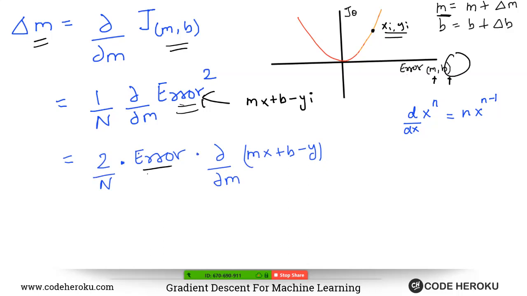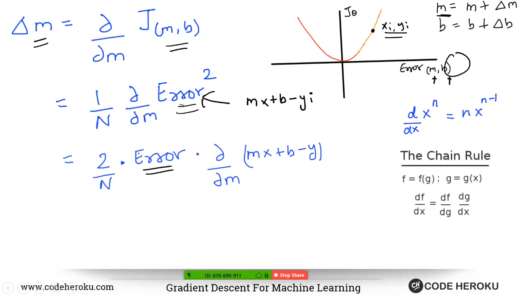But what chain rule tells us is that if a function f is dependent on g, and in turn g is dependent on x, and if you want to take d by dx of f, that is what we are doing, right? So in our case, the error is dependent on mx plus b. So f is dependent on g and g is dependent on x.